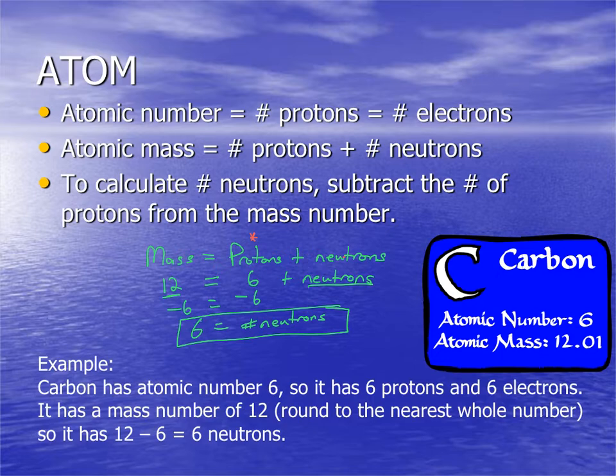So really, the formula is pretty straightforward. There shouldn't be any issues. And by the way, this is the kind of example that they have here in the slideshow. So you should be able to calculate the mass number, the proton number, or the neutron number pretty easily. This should be a gimme question if you remember that mass equals protons plus neutrons.